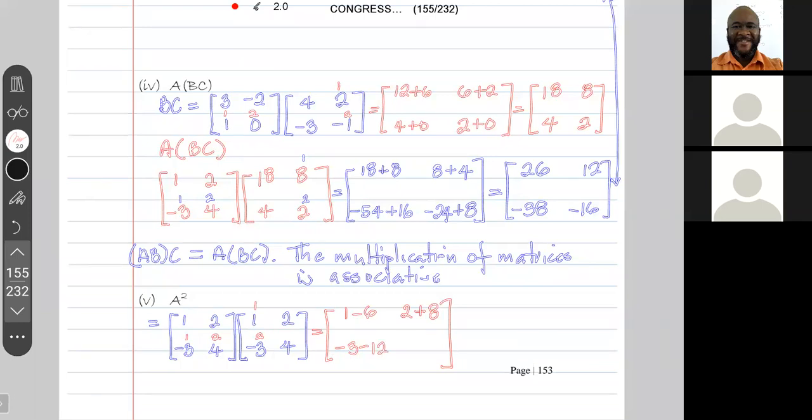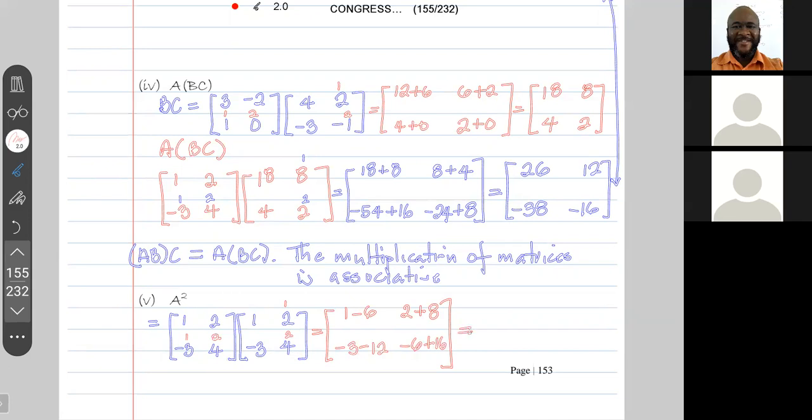Bottom row, next, right column. First element in the row, -3 times 2, that's -6. Second element in the row, 4 times the second element in the column, 4. 4 4s are 16.